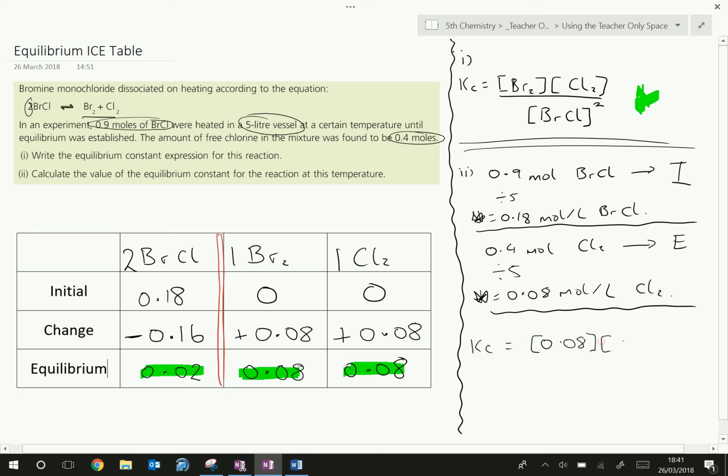For chlorine, it's also 0.08. And for BrCl, it's 0.02, and don't forget that squared on the bottom. This evaluates to 16. So the Kc value, the equilibrium constant for this reaction at its particular temperature, is 16.